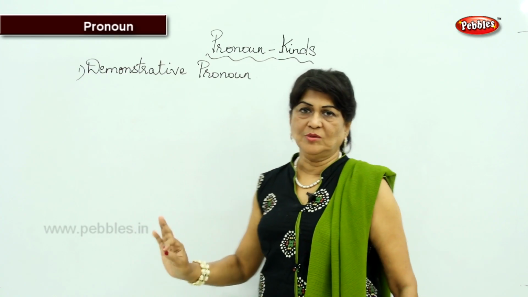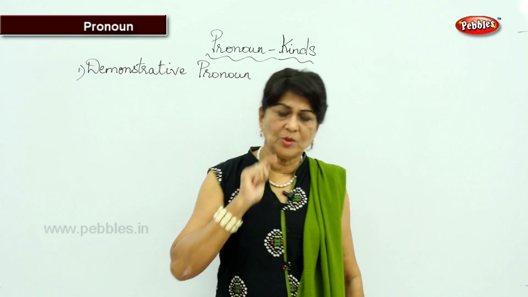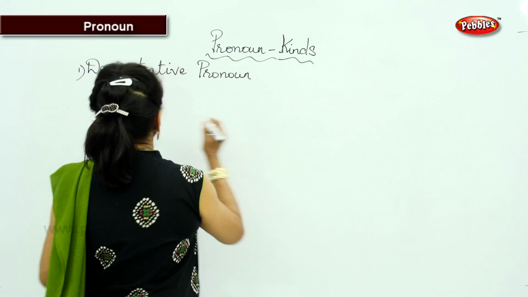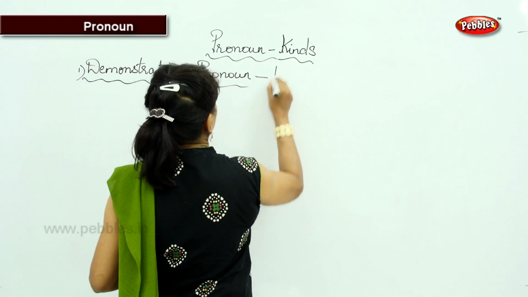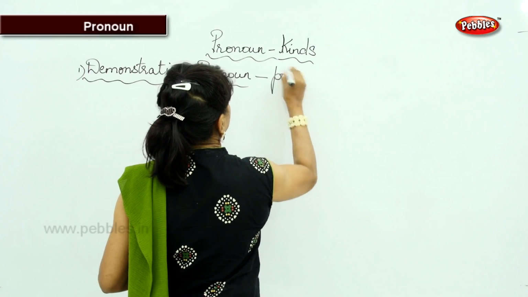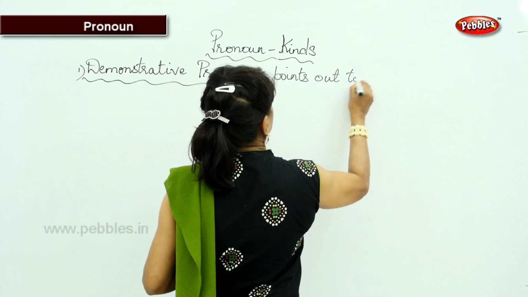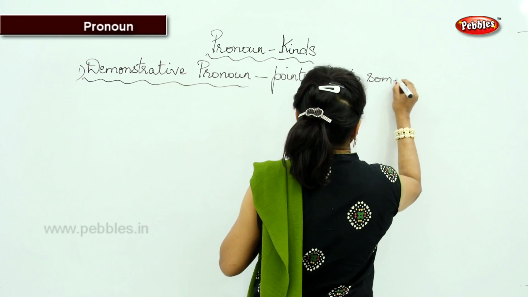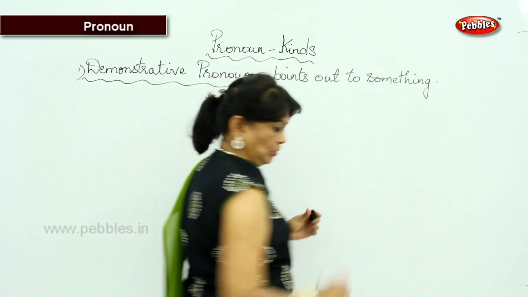Demonstrative pronouns. Demonstrative pronouns always point out something in particular. Take down: demonstrative pronouns point out something.